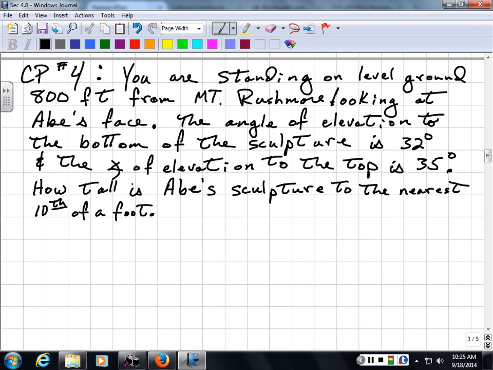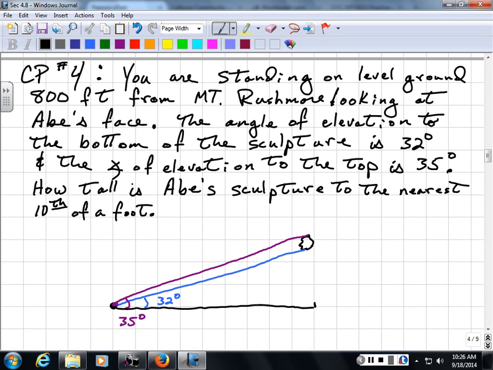So how do I do this problem? Well, if I'm down here and I'm looking up at old Abe's face, whatever it looks like, what do I note? I note that if I look to the bottom of the sculpture, we're looking at a 32-degree angle. And I note that if I look at the top of the sculpture, we're looking at a 35-degree angle.